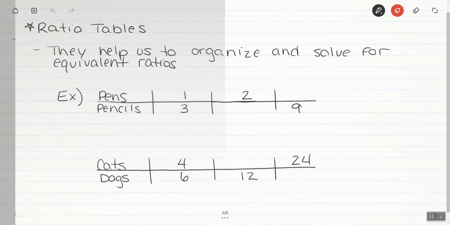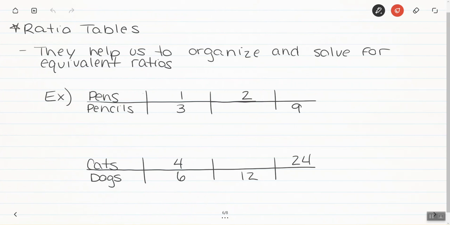All right, so how does this look in a ratio table? So what is a ratio table? Well, it helps us to organize and solve for equivalent ratios. So pretty much all it is you're just expanding your fraction so that you can kind of lay some numbers out together. So you can see the two examples that I've drawn here for you.